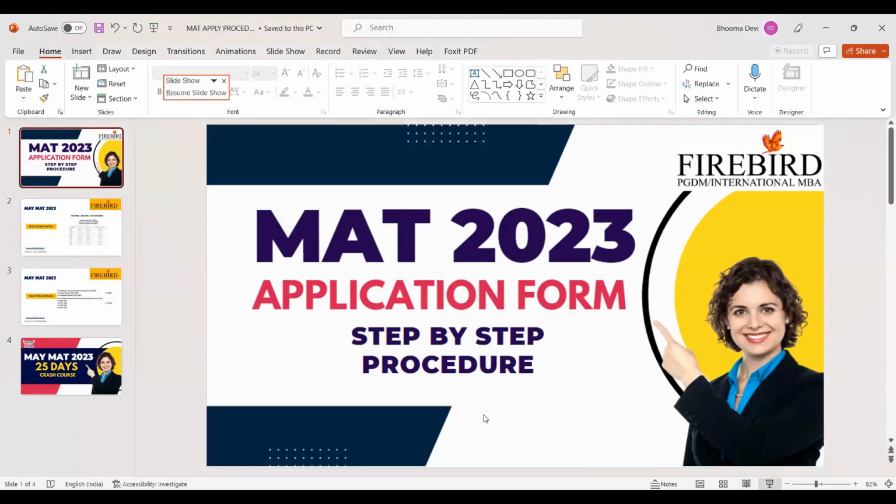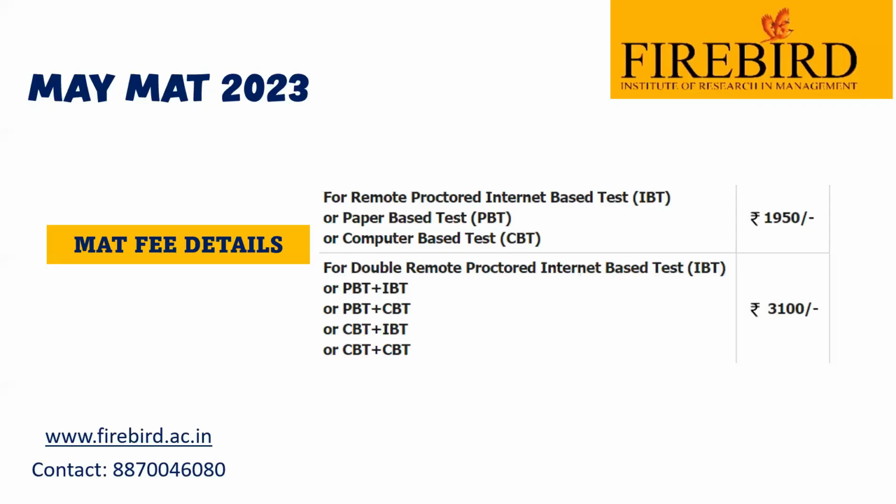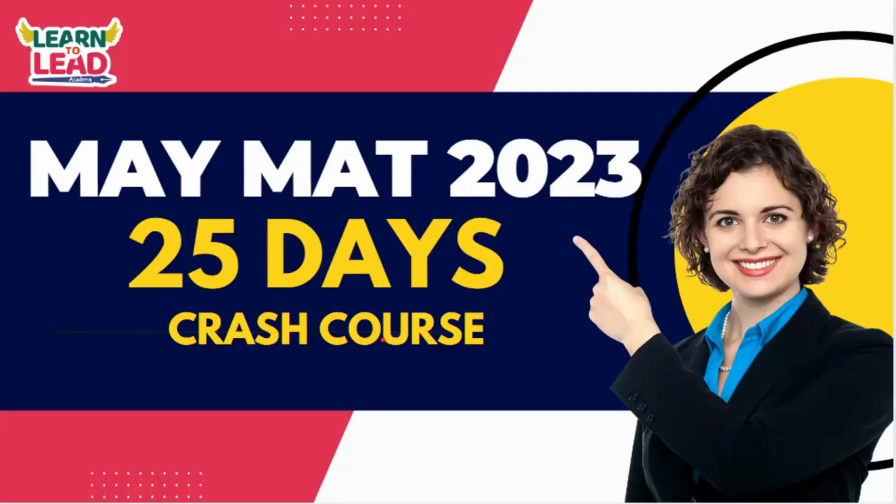Let me tell you once again, for MAT, you can take either IBT, PBT or CBT, and the fee is 1,950. If you take 2 tests, either PBT and IBT, PBT and CBT, CBT and IBT, or CBT and CBT, the cost is around 3,100.